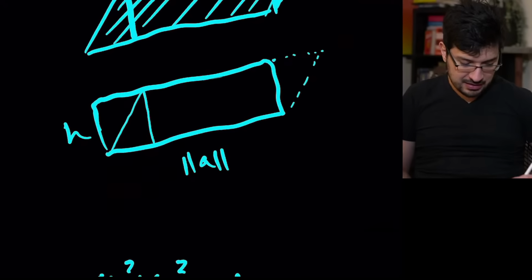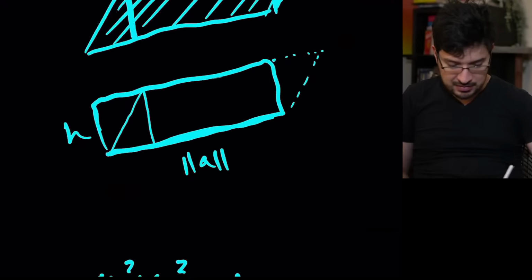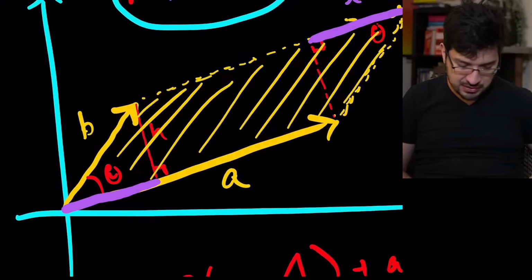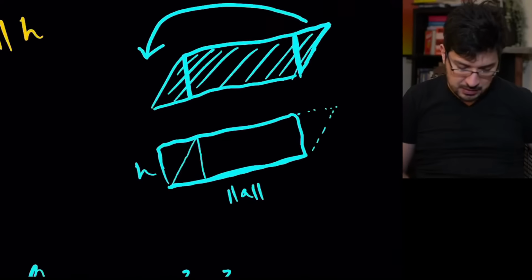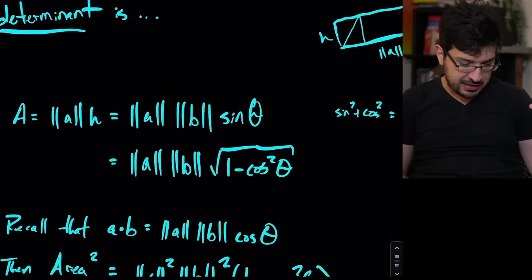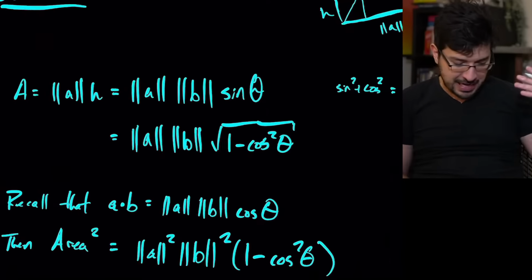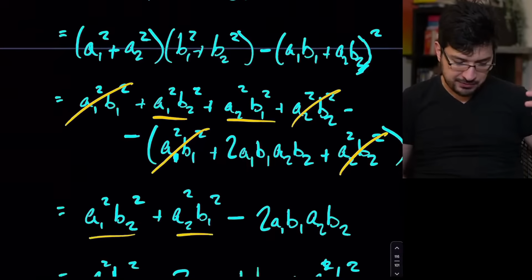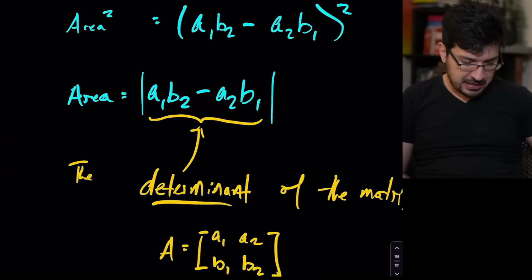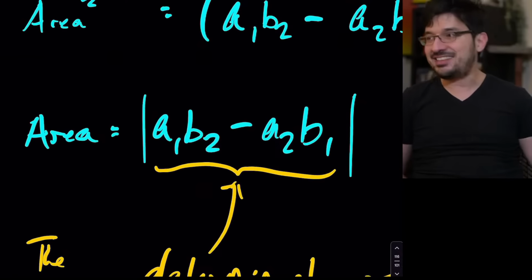And then this bottom length is the length of the vector A, and then the height we calculate based on this right triangle with B. So there we have a formula for the area. We run through some calculations, and whatever area we end up finding is this.